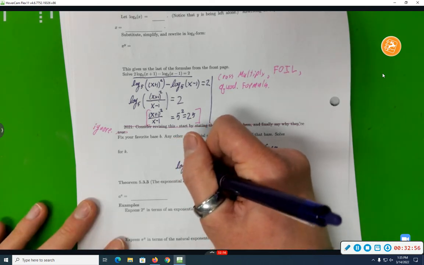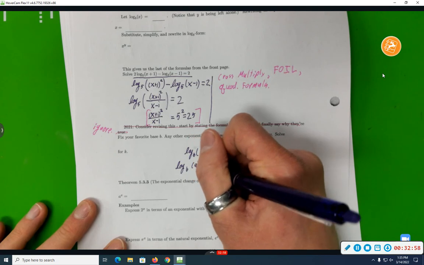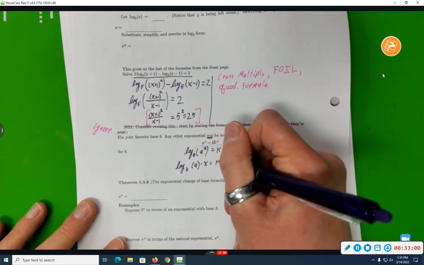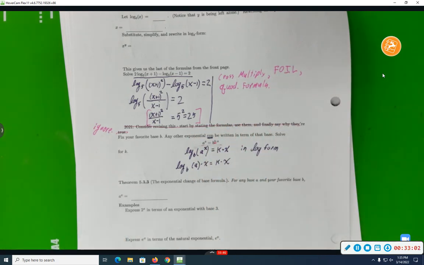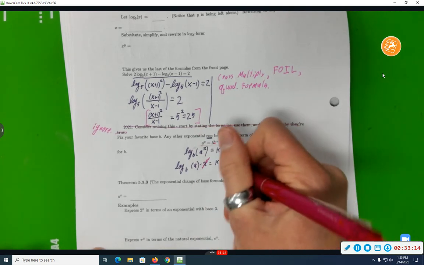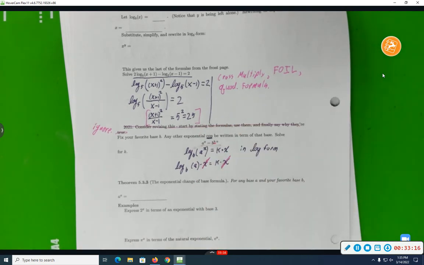Log base b of a times x equals k times x. And remember, we want to get k on its own. We want to solve this for k. So what should you do next? Divide both sides by x. That will effectively cancel the x's. Okay, do we know what k is now?